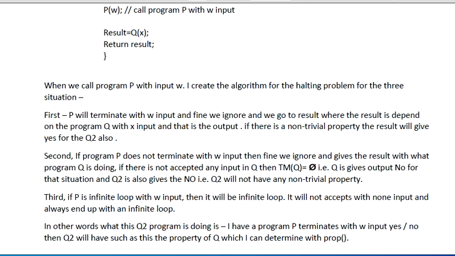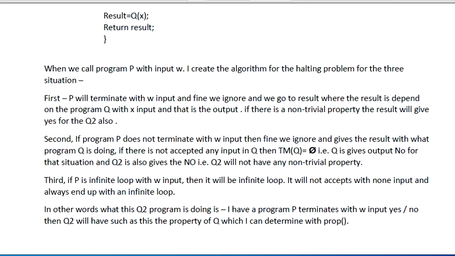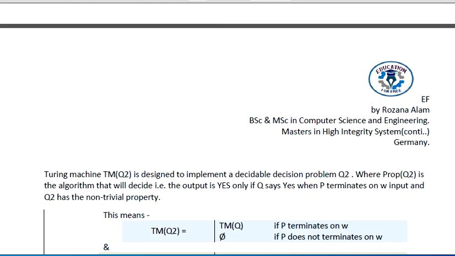Now, what is Q2 actually doing? I have a program P: does it terminate with W input, yes or no? Then Q2 will have the property of Q, which I can determine with the non-trivial property algorithm PROP. So that's what is being done here, and that is the contradiction we find.